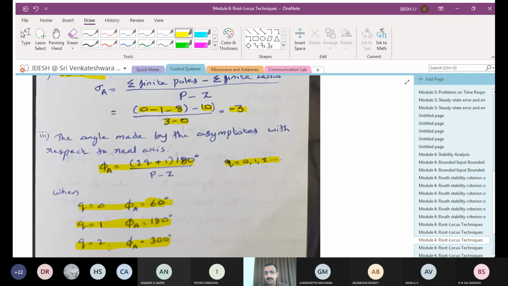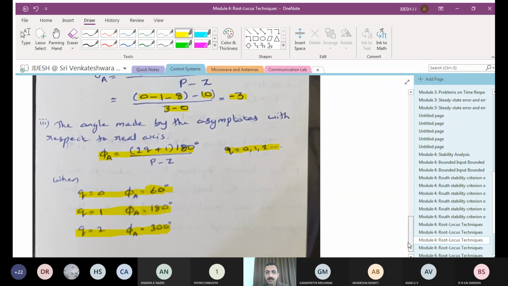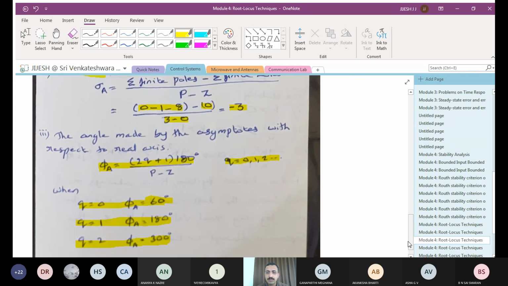Now it is just for us to plot it on the axis. You can make a note of all these things and then we will see how it is plotted. You draw the sigma as well as the j omega axis, and first mark the centroid, minus 3.